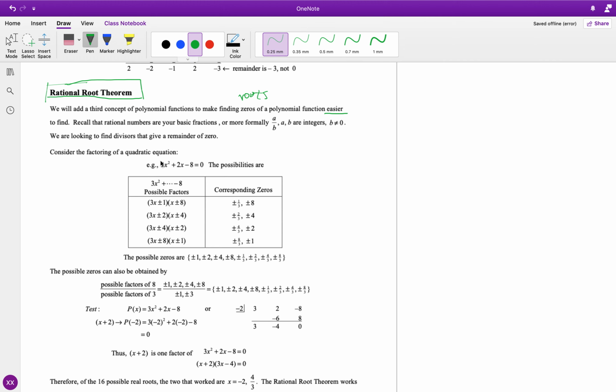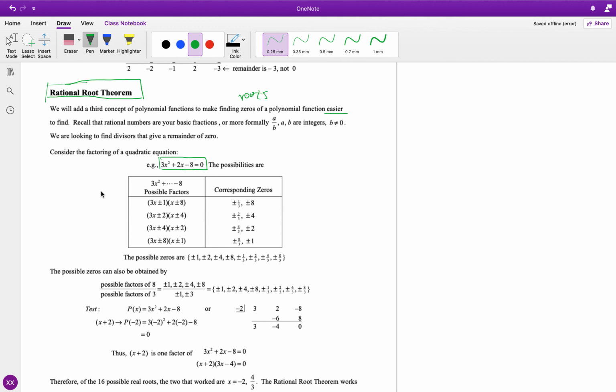Now take a look at an example. This is a quadratic function. In order to find the roots, of course, we can use factoring. So far, we always use factoring to find the roots. But supposedly you do not know how to factor this.